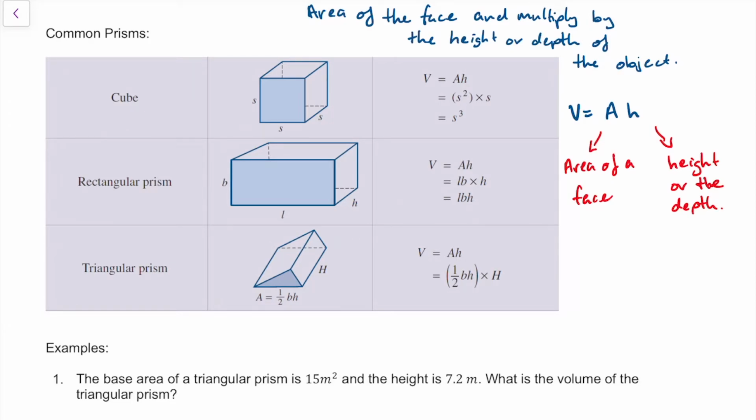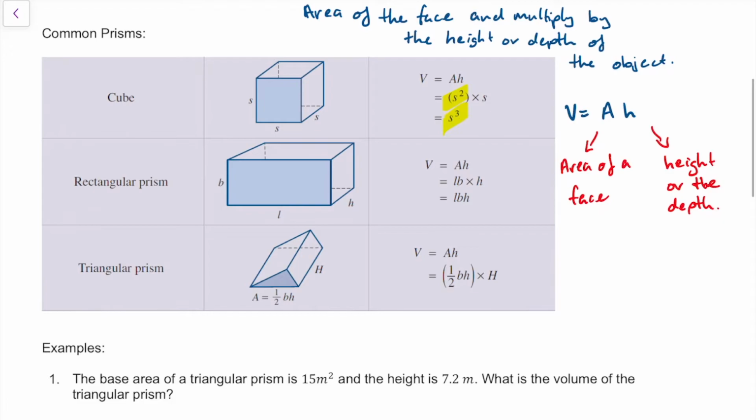So you can see for the cube, it has a square face. So we're going to use S squared, because that becomes side squared. The side is the same deep or high, so then that becomes times S, which gives us S cubed, which is this little bit here.